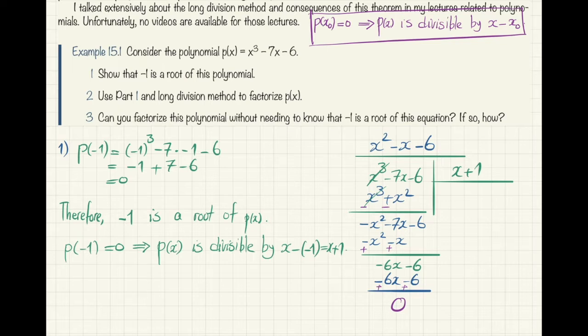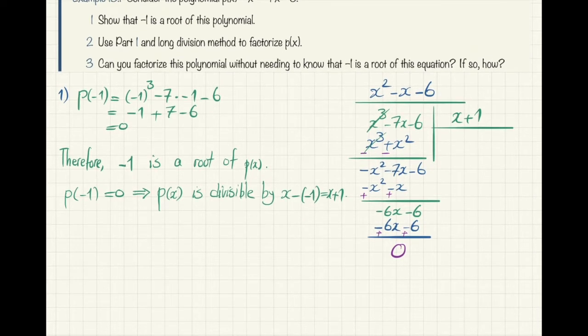Yes, so when it becomes 0, I can write this immediately. I would say that the divisor multiplied by the quotient plus the remainder will give me the dividend. Okay, so what does it mean? It means the dividend that I am going to factorize is equal to x plus 1 multiplied by x squared minus x minus 6 plus 0.